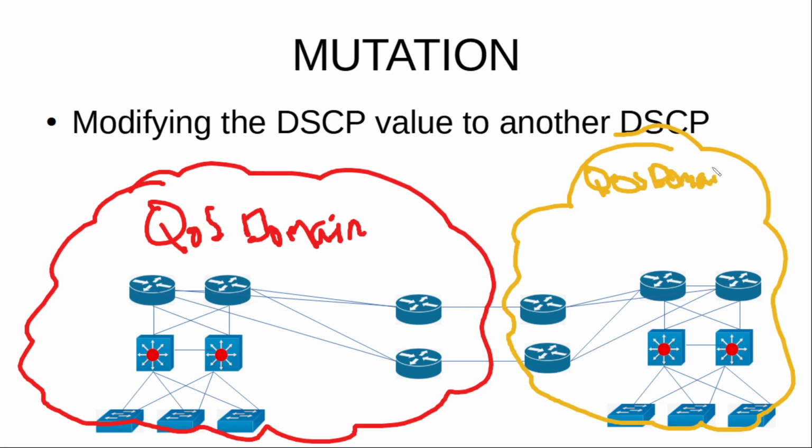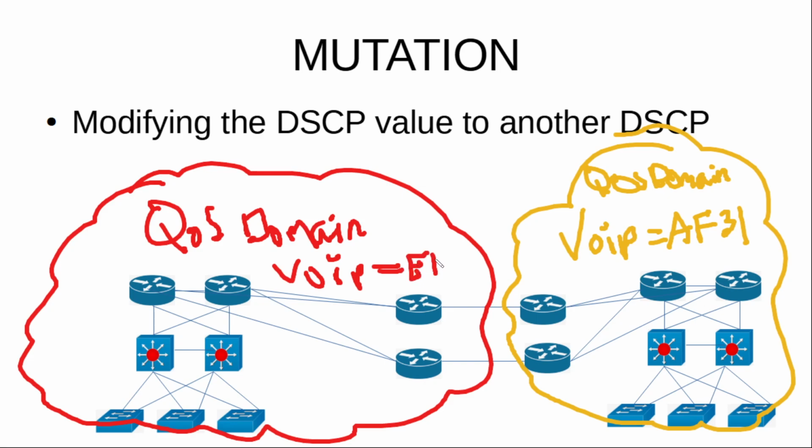So these other engineers may have used, for instance, the marking for voice over IP of AF31 for some odd reason. That is perfectly valid. It will not follow the guidelines, the best practices, but you may come across cases like this, and for instance, you may have chosen to have voice over IP marked as expedited forwarding within your domain.